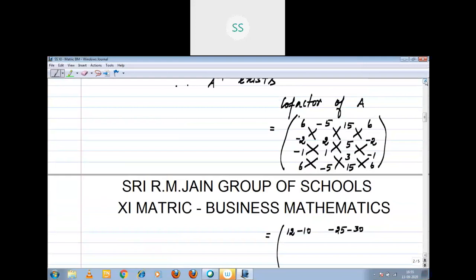Right? 6 minus 2. That means 12 minus 25 minus 30. Next, minus 30. Got it? Product of main diagonal minus product of sub diagonal.